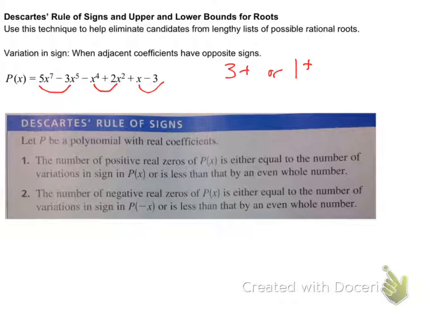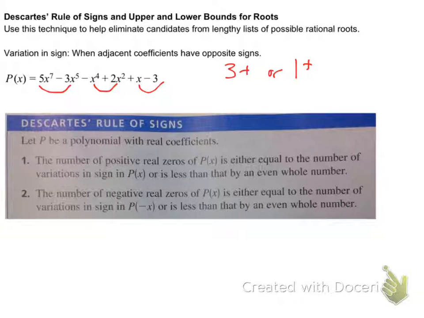The rule says that the number of changes in variation is equal to the number of positive solutions, or less than that by even numbers. So there's either 3 or there's 1. You can't be negative 1. So it's 3 or 1 possible positive solutions.